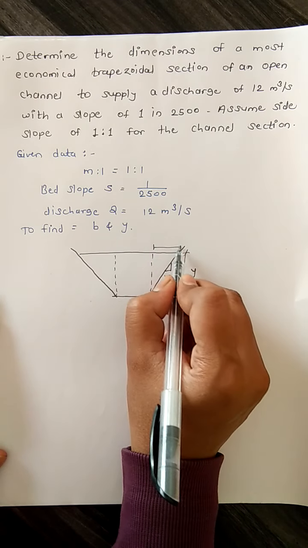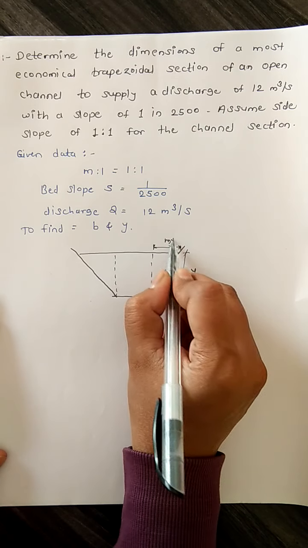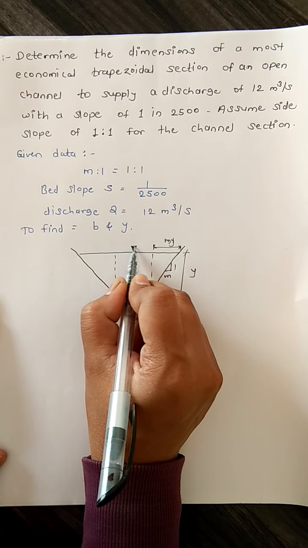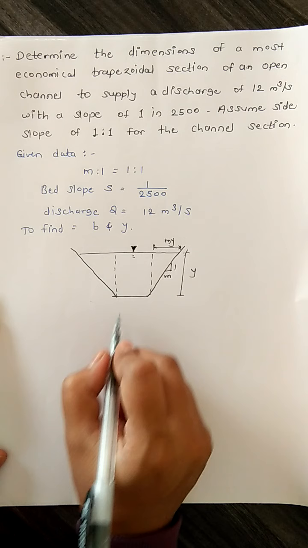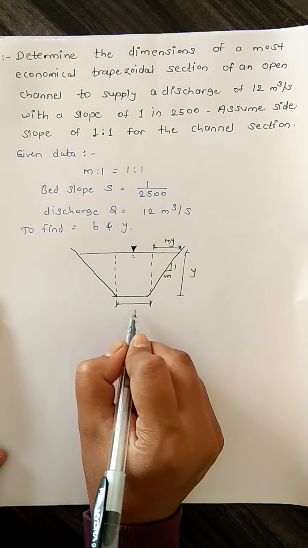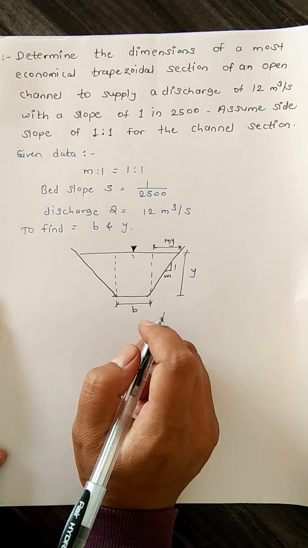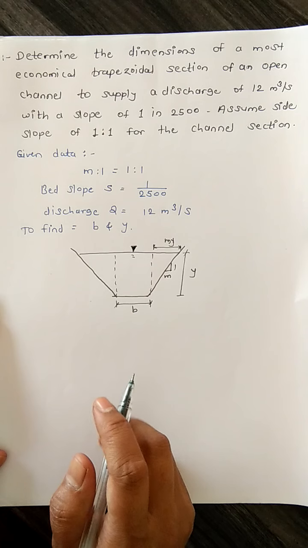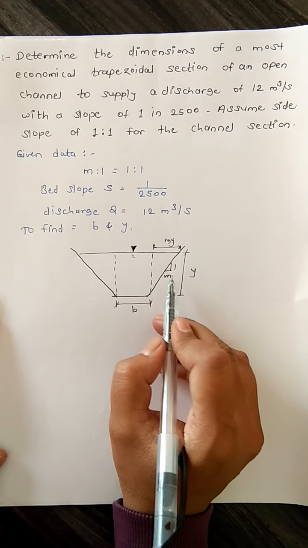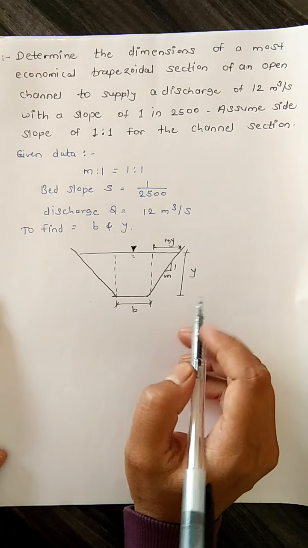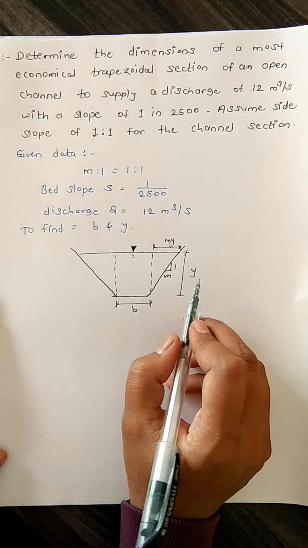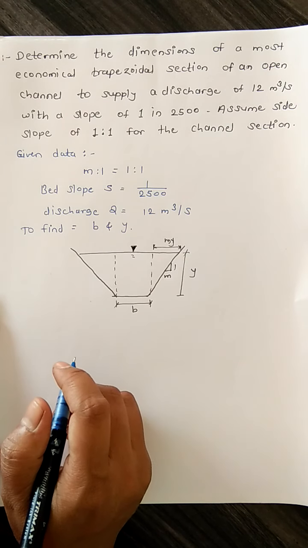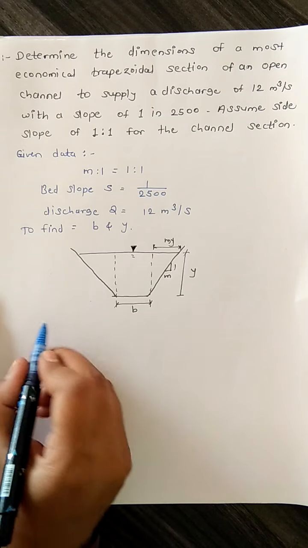This is my. This is our water level. This is the width of this trapezoidal channel section. Okay, this is the diagram which shows all the details of dimensions. Okay, this is the width, this is the sloping portion, this is the depth, that is we denote it as small y.